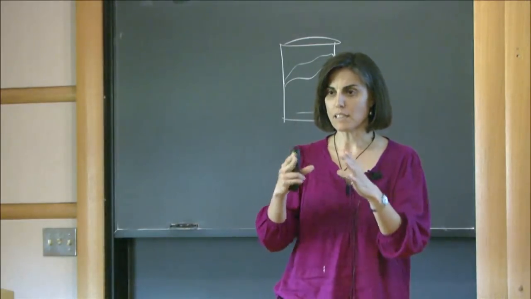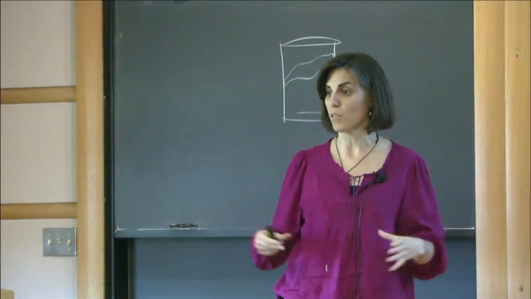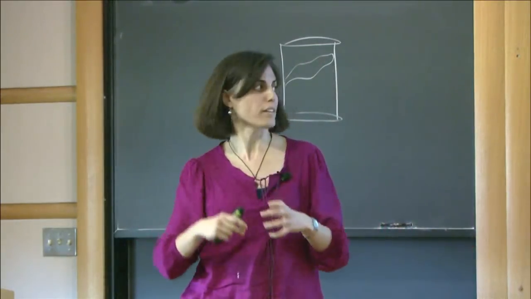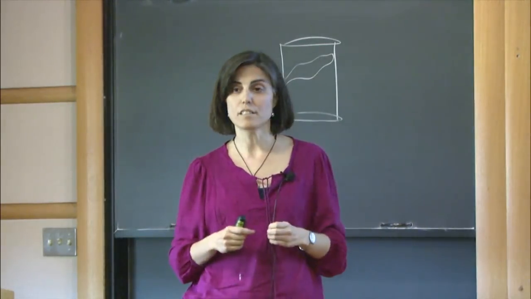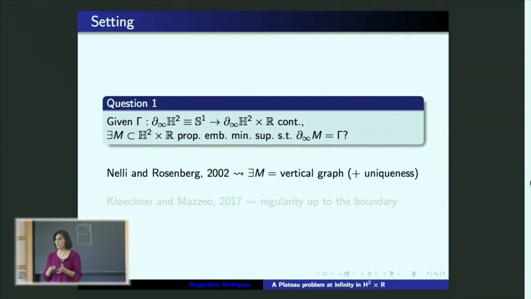So take a sequence of cylinders converging to the whole space, project your Jordan curve onto these cylinders, and we know that there exists a solution of this Plateau problem. And since we can use the maximum principle with translated copies of the surface, we prove that it has to be a graph and is unique.